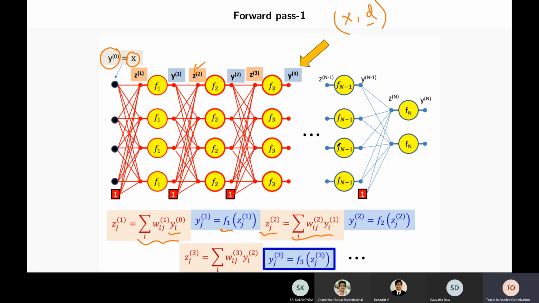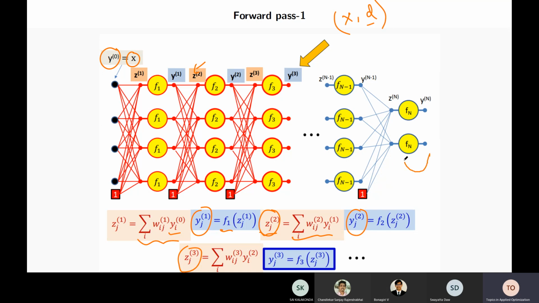The important thing about the feed forward is that we will store these values during the feed forward. Why do we store these values? Because these are the values that will help me when I'm computing the gradient of my loss function. And the gradient of the loss function will have to go backward, right?